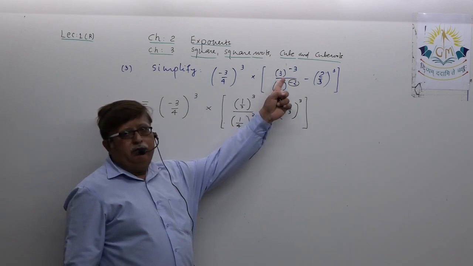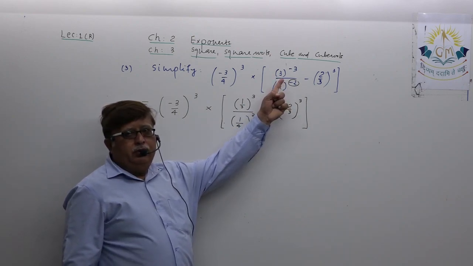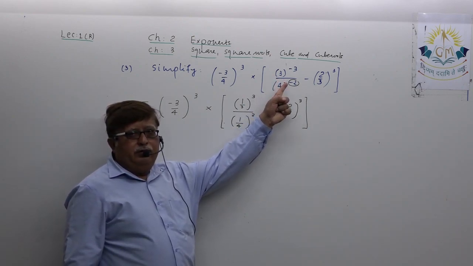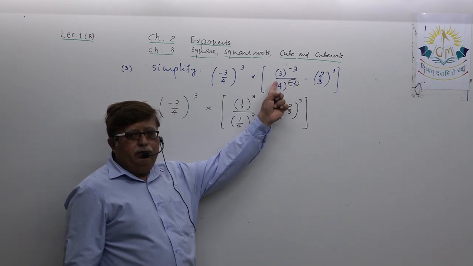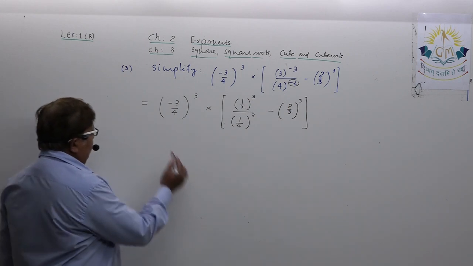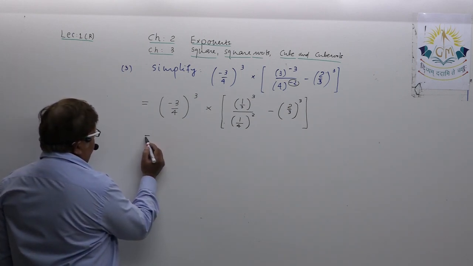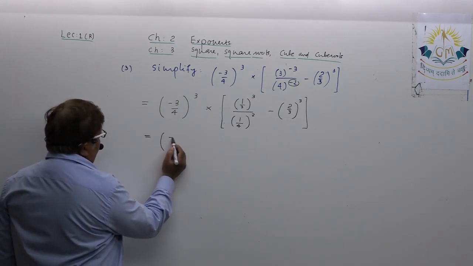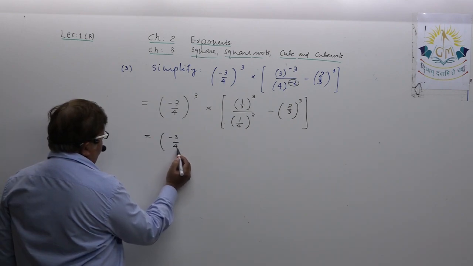Here the powers were negative. To convert the power into positive, we have reciprocalized the base. Okay, this I would still like to keep as it is. Okay.